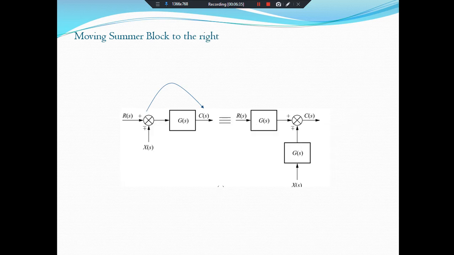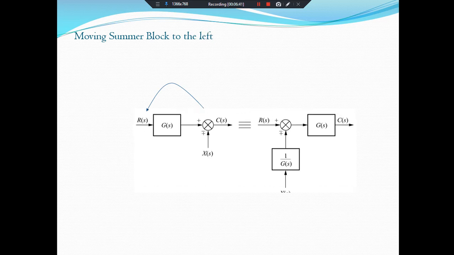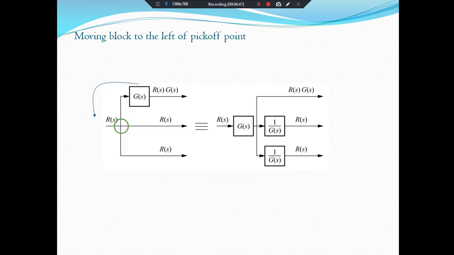If we move the summing junction to the right side, we will multiply all other branches with G of S, and if we move it to the left side, we will multiply all other branches with 1 over G of S. Now the third option is moving a block to the left of the pick-off point.